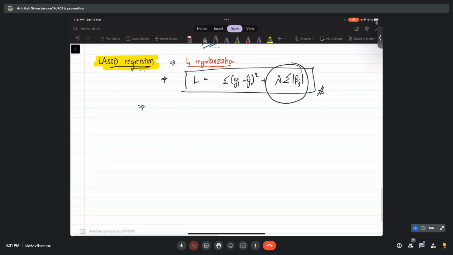So and other processes are same. It also rotates the value. So what is the major difference between lasso and ridge?